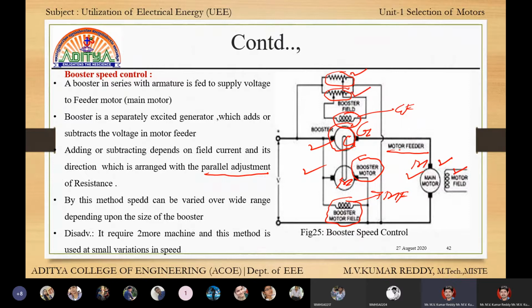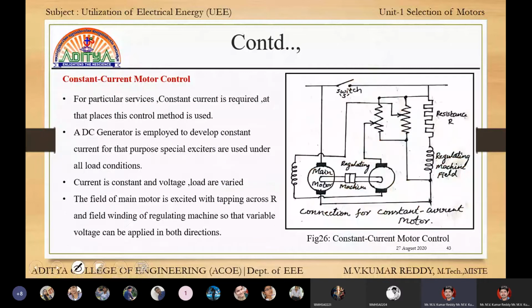With one the speed is adjusted, and using the other one, the generator is connected to the motor feeder. Using this generator, this motor can be controlled. This is about the booster speed control.